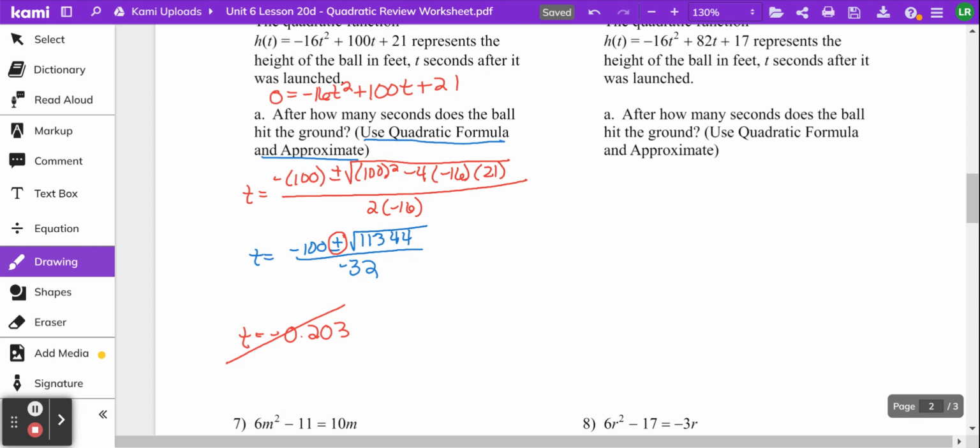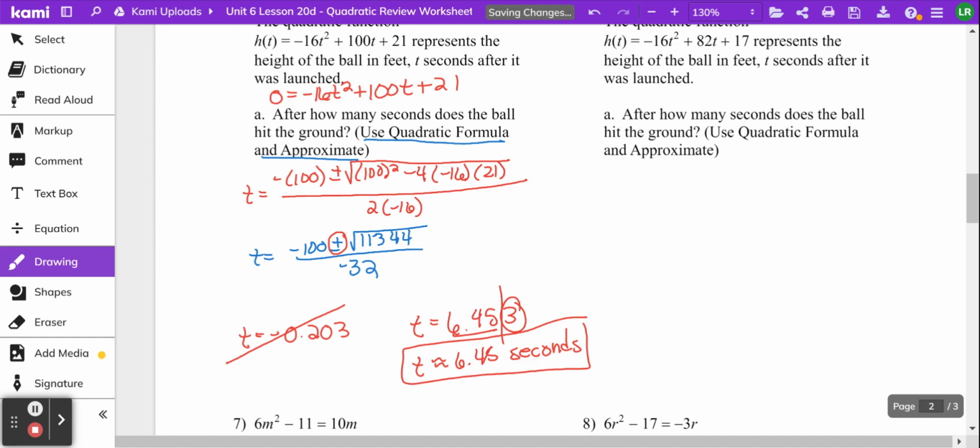Okay, and t is for seconds. My other one, change your plus sign to a minus sign, and I am getting 6.453. Rounding to the 100th here, so 4 or less, let it rest. So my answer is approximately 6.45 seconds. That's how long it took for the ball to get to the ground.